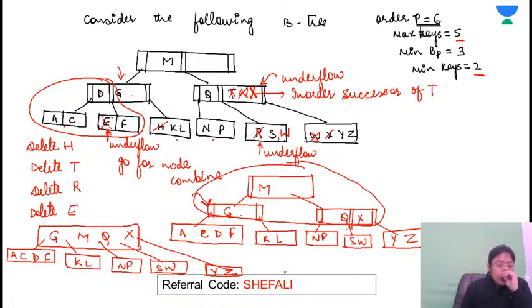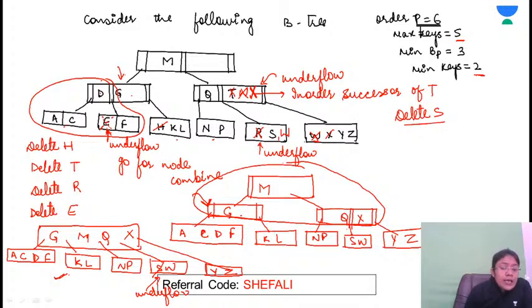Okay, so let us delete one more element. Now I want to delete the element S. Delete S. This is the final tree. In this tree, I want to delete the element S. If S is deleted, this is a case of underflow.